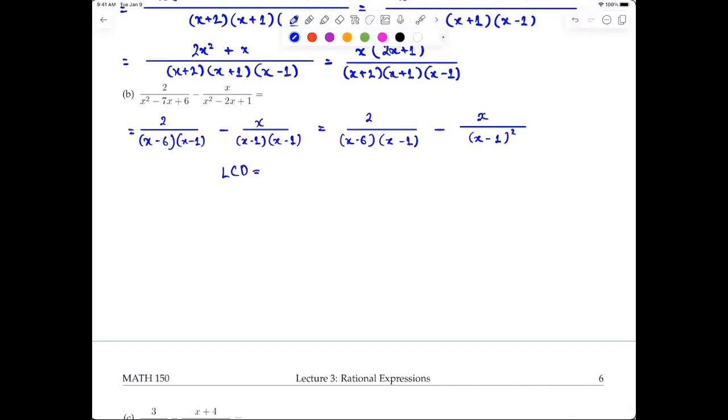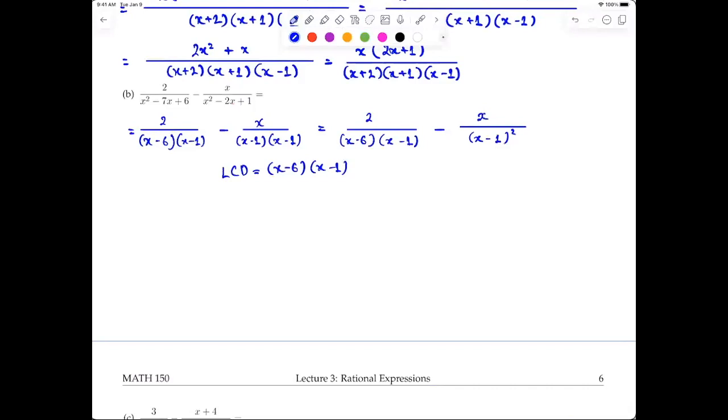So what we did, we look at the factor in each denominator. For the first denominator, you have factor x minus 6, and then x minus 1 to put into the LCD. So here, x minus 6, x minus 1. We're done with the first expression. We move on to the second expression.